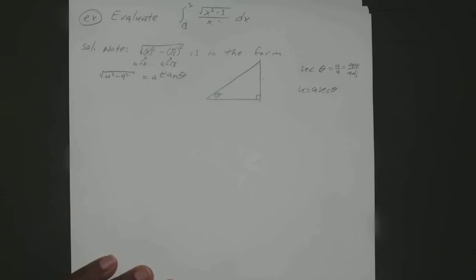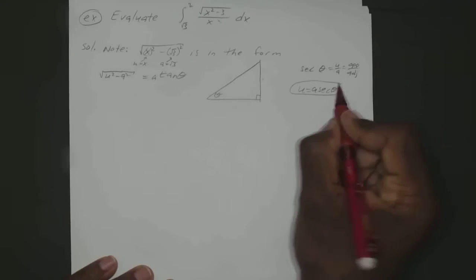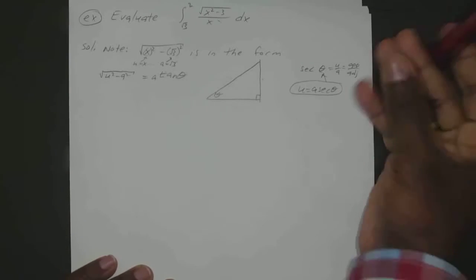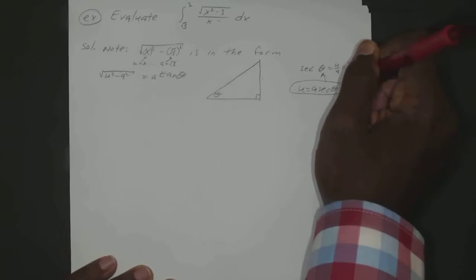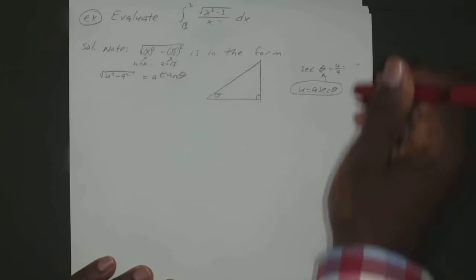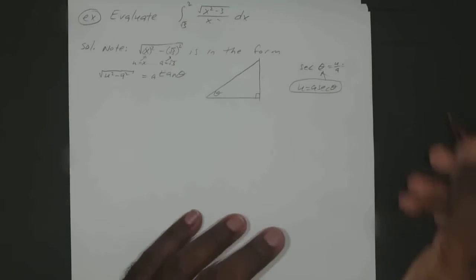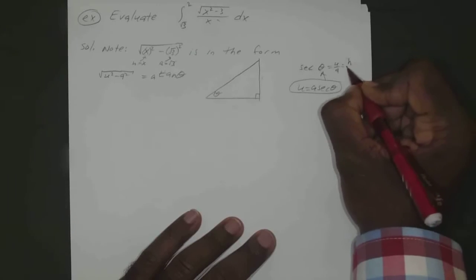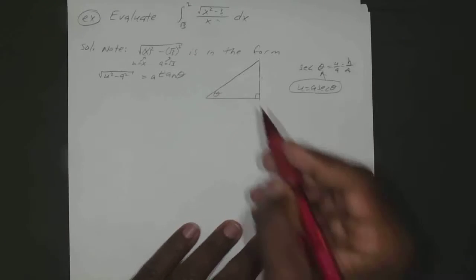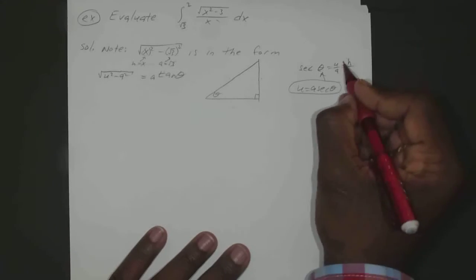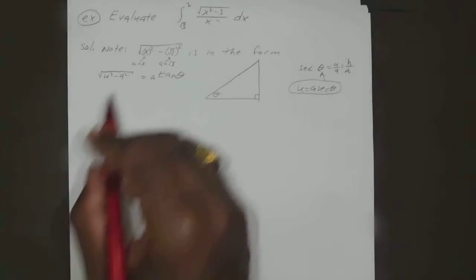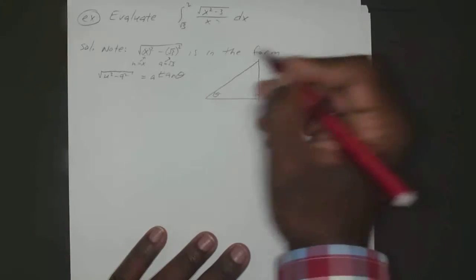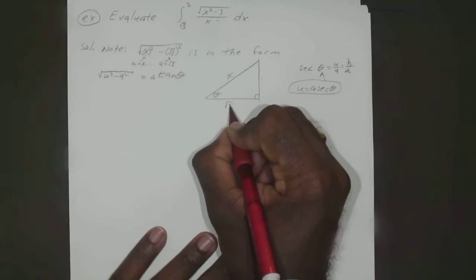All right, so u is equal to a secant theta. So that's how we ended up with that. So now, instead of opposite over adjacent, secant, so cosine is adjacent over hypotenuse, so you have hypotenuse over adjacent. So you have u over a, where u is equal to x, which is hypotenuse over adjacent.